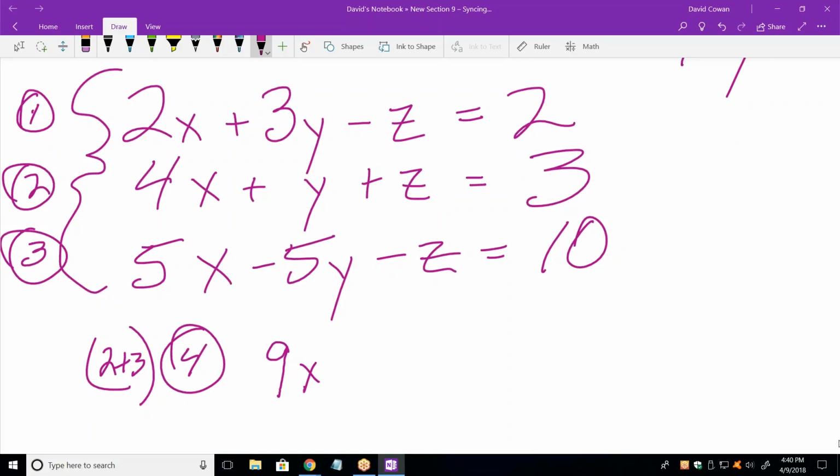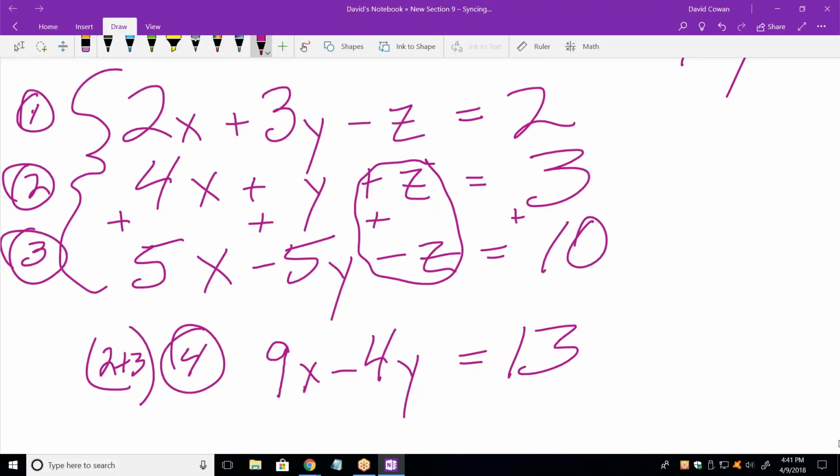In other words, you're adding the x terms, you're adding the y terms, you're adding the z terms, and you're adding the numbers. You just added the x terms, now add the y terms. It would be minus 4y. And the z's go away, right? That gets eliminated. And then it would equal 10. 13. You got to add the numbers also.